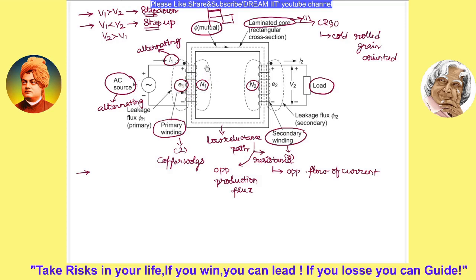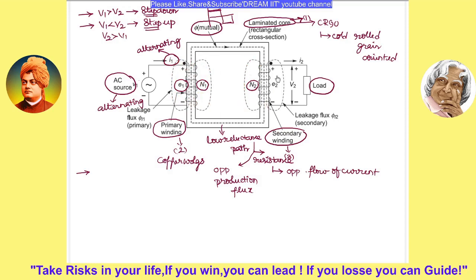And the flux which is not linking, now I am telling about this leakage flux here, which I indicated with the dotted line. The flux which is not linking with the secondary winding and links with the winding itself, that type of flux we can call the leakage flux. Here the leakage flux is linking with the primary winding only.